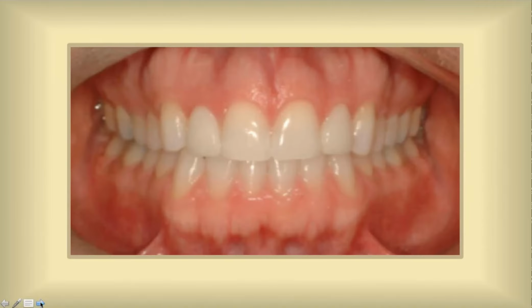Okay, so now this is a restored version of that same case, with those two laterals now being the correct size rather than being left to their smaller size. So what happens to the arch? It doesn't collapse. It doesn't take away the overjet. It doesn't then have your anterior teeth touching and the posterior teeth not touching.